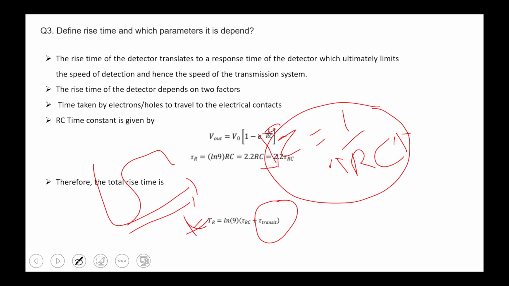I think transit time is the time taken by the charge carriers to cross the depletion layer, and to cross the P and N side of the junction of the diode. Yes. So how much time is taken by the electron and hole pair to cross the depletion layer? Like the time taken from valence band to conduction band, that is the transit time.